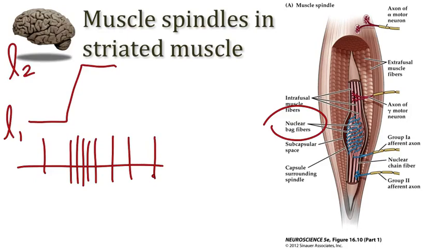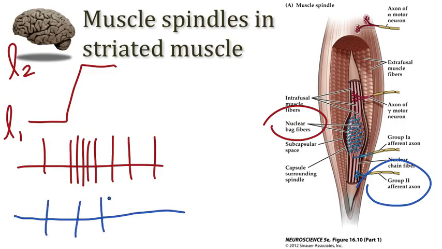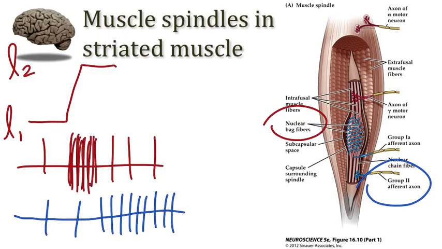In contrast, the nuclear chain fibers, and more particularly the group 2 axons that supply them, would be more concerned with the maintenance of the steady state that's achieved once that muscle is stretched to length number 2. So again, the nuclear bag fibers are concerned with the dynamic aspects of movement, and the nuclear chain fibers are more concerned with reporting the steady state level that's achieved at the conclusion of the stretch.